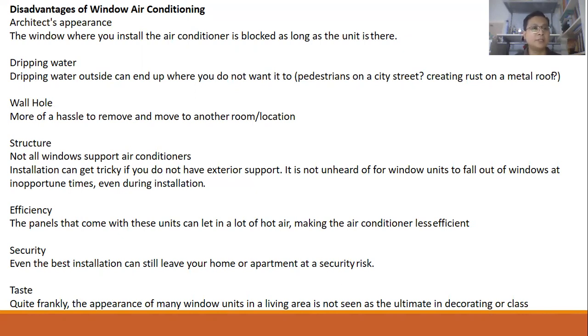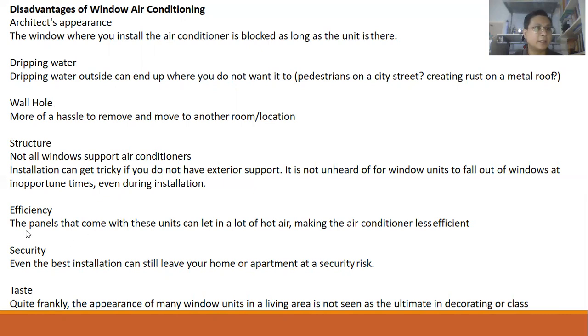So be careful with the structure, because this aircon is very heavy, as it contains all the components inside. So it should be properly supported in the wall. Not all walls can support it.